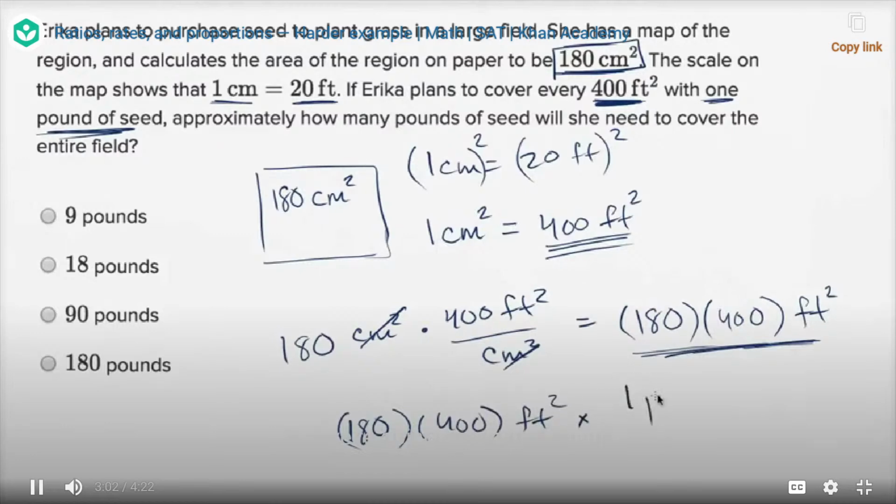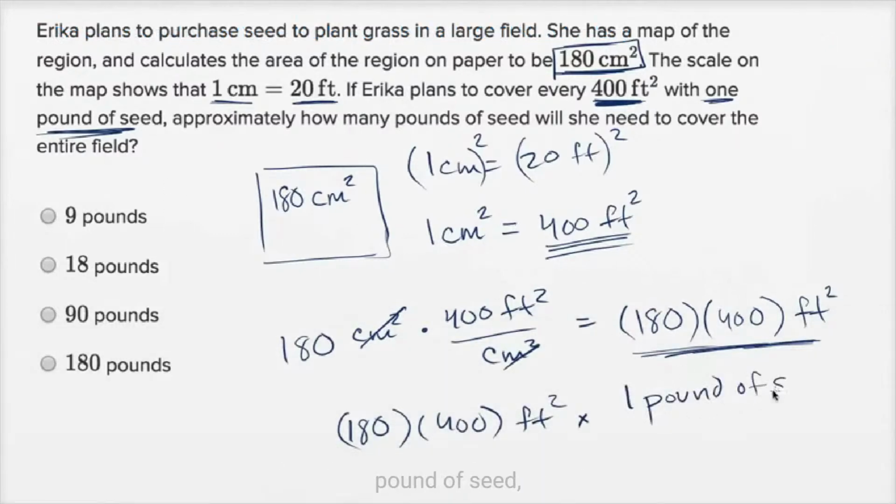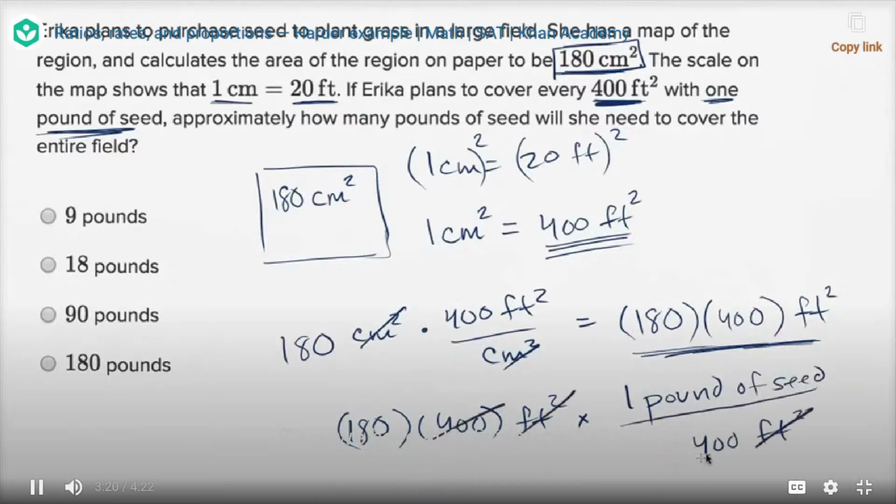And we're going to use 1 pound of seed for every 400 square feet.